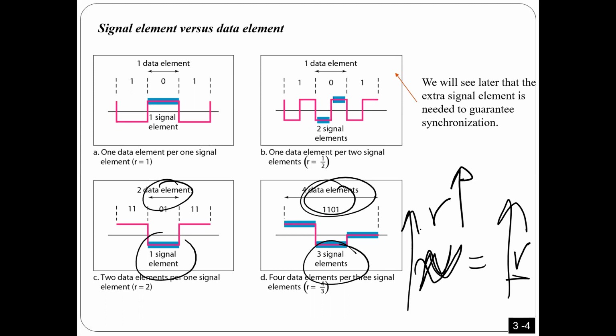In this car, I'm going to put 2 people in 1 car, that's why R is equal to 2. Every car takes 2 people. Here, every car takes one person. So I want to transfer as much data as possible using as few signal elements as possible.